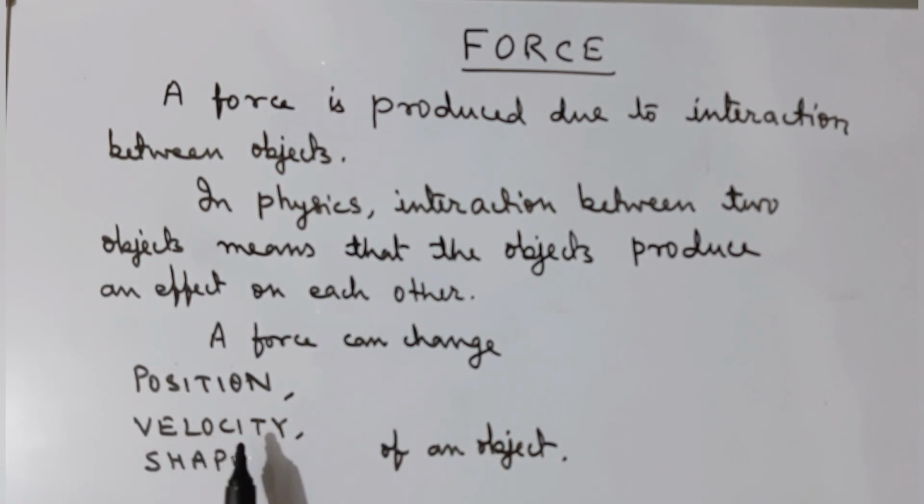The change in velocity means there is a change in either the magnitude of the velocity, that is the speed, or there is a change in direction of the object. So this may change the velocity of the object in either of the way. Either the magnitude or the speed change or the direction change, or in some cases both may change.